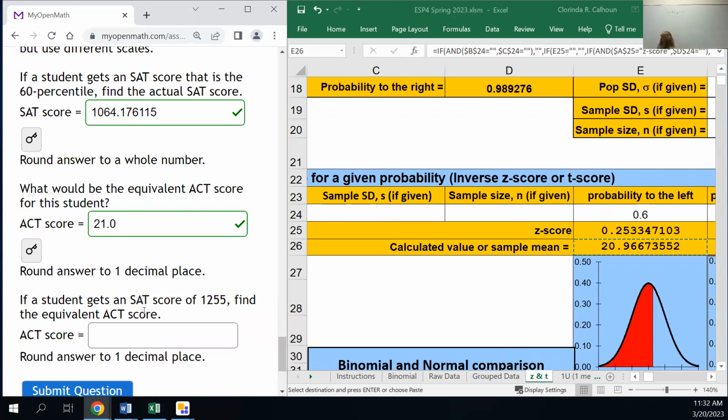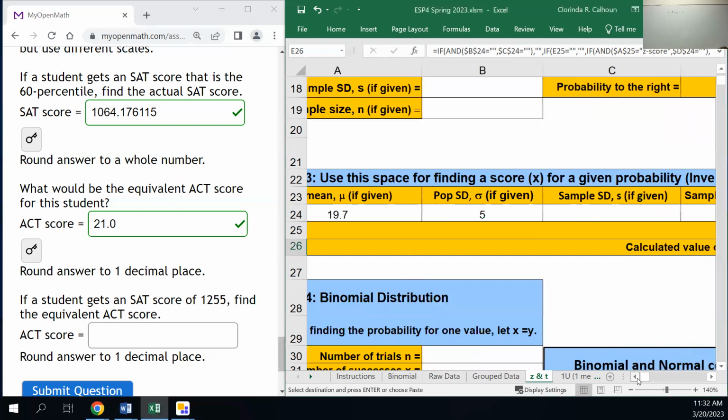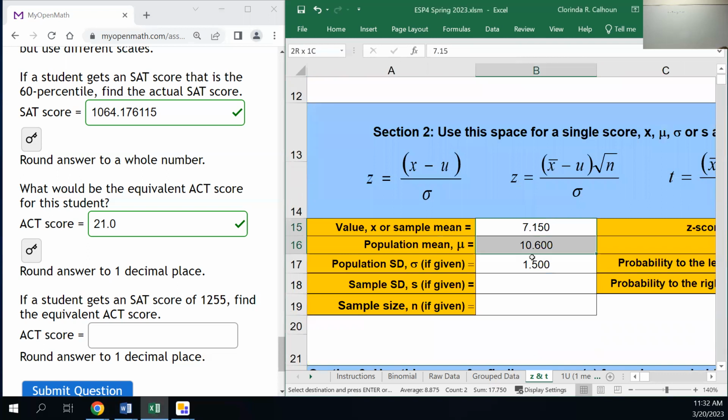So for the third part, if a student gets an SAT score of a certain number, they give you the number, find the equivalent ACT score. We're going to go back to dealing with Z-score because that's how we really do compare these. You can compare these with percentile, which is what we did in the first two parts. But we're going to take this now and deal with it as a Z-score. So go to section 2.